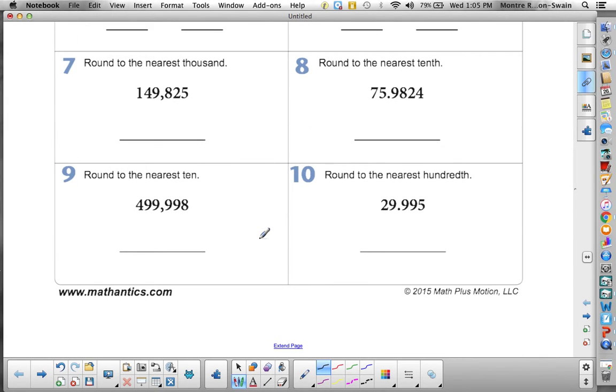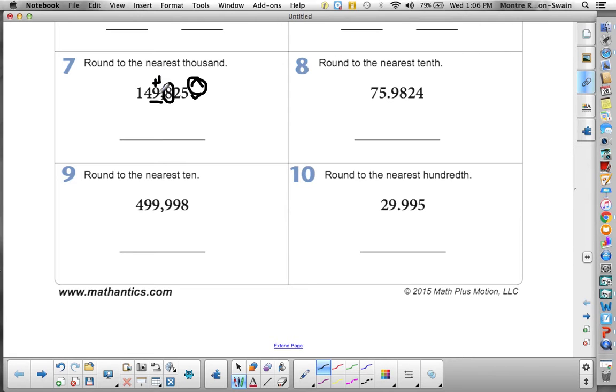Okay. Number 7. Round to the nearest thousand. Once again, we're going to underline the 9 in the thousands place. We're going to look at the 8. The 8 is going to tell me if I'm going to round up or down. We're rounding up. Since we're rounding up, I'm going to add 1 to the underlined number.